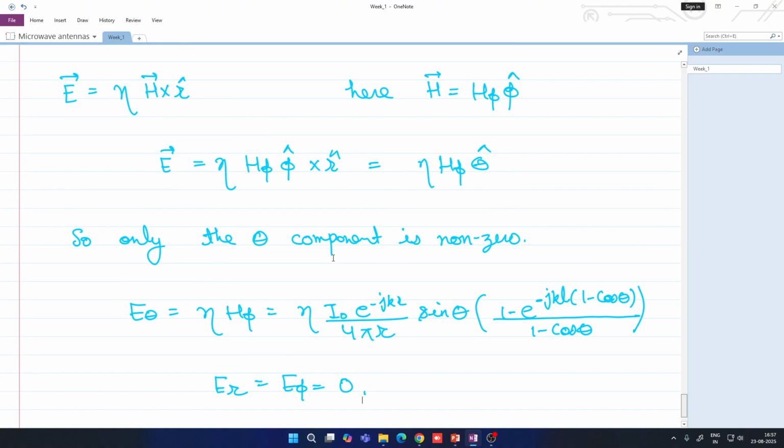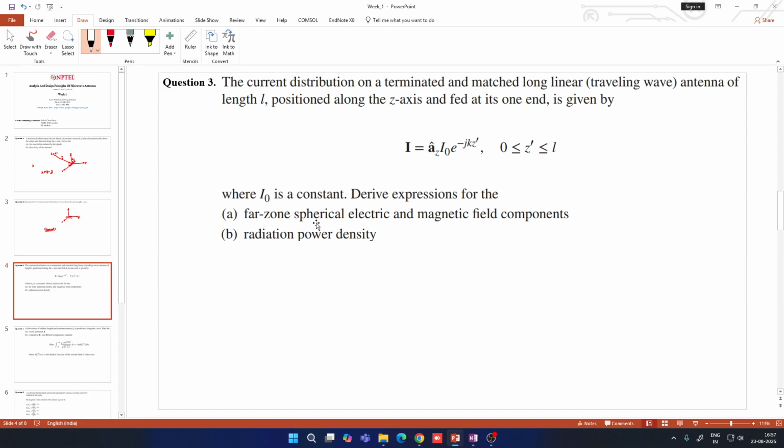So these are the required radiated far zone spherical electric and magnetic field components for question number 3, where a wire antenna of length L is positioned along the z-axis and fed at one end.